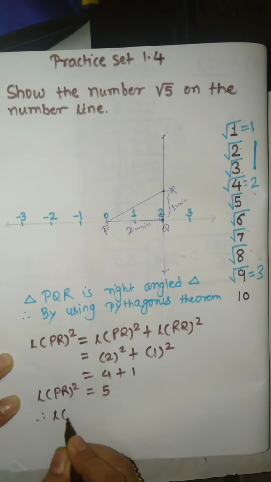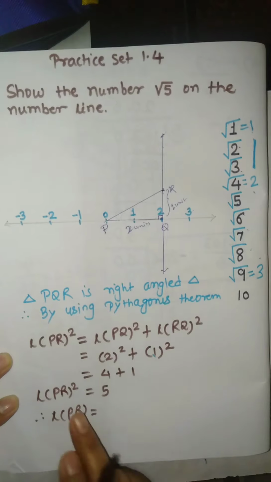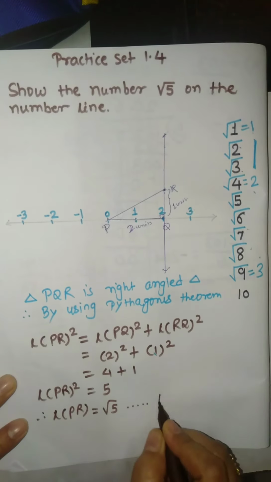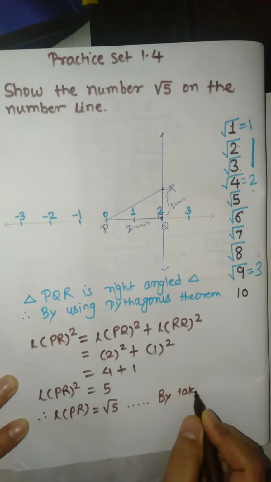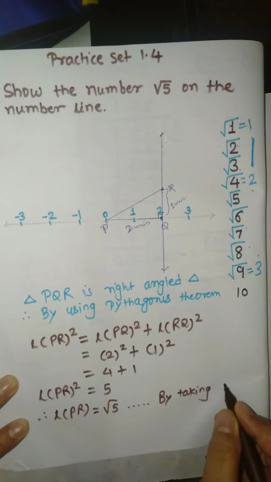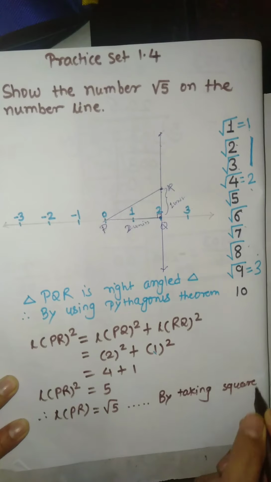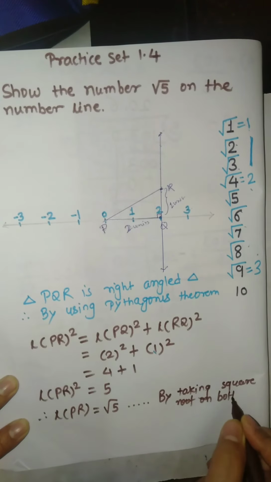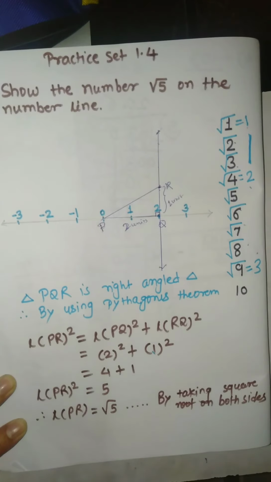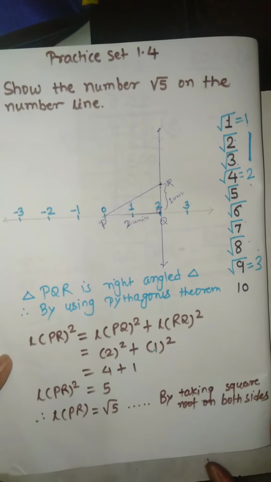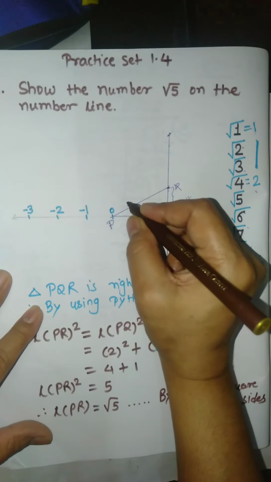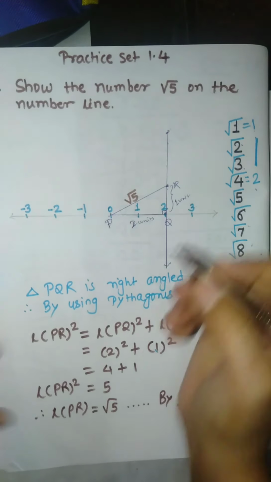Therefore, length of PR is equal to root 5 by taking square root on both sides. Okay. So the value of PR is root 5.